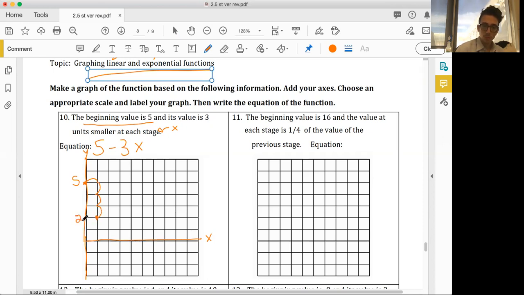So this would be 2 when x is 1. I'll even sketch out a table. I think that's helpful. So 0, then to 5. This next point was 1, 2.